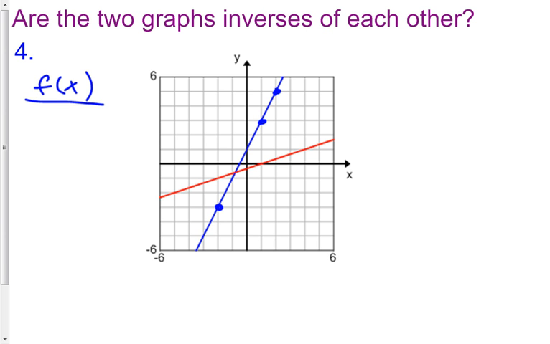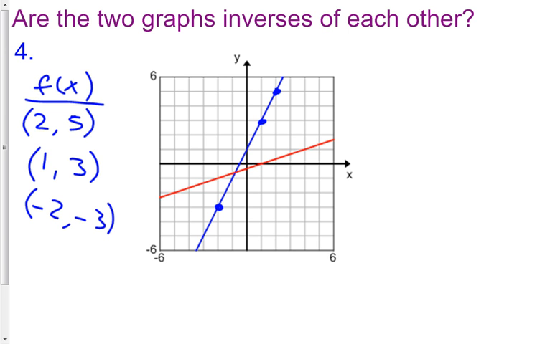So our first one is at right 2, up 5. 2, 5. Our next one is at right 1, up 3. And the third one is at left 2, down 3. -2, -3.